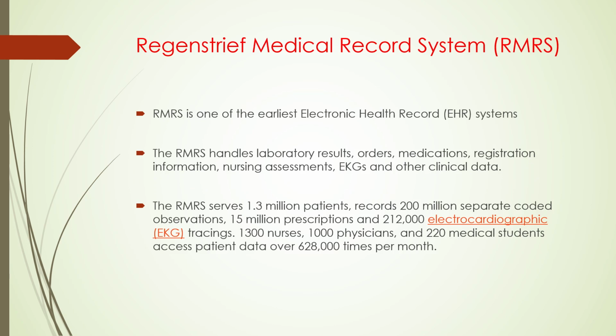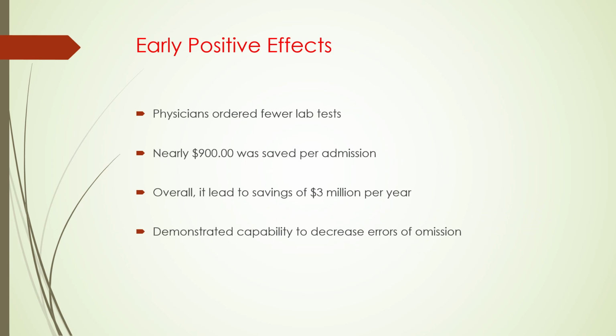The Regenstrief Medical Record System was, I hope I'm pronouncing it right, forgive me if I'm not, RMRS. It is one of the earliest EHRs that were used, and it was used on 1.3 million patients, so many records and all that stuff. It turns out there were some positive effects. Physicians ordered fewer lab tests, nearly $900 was saved per admission.